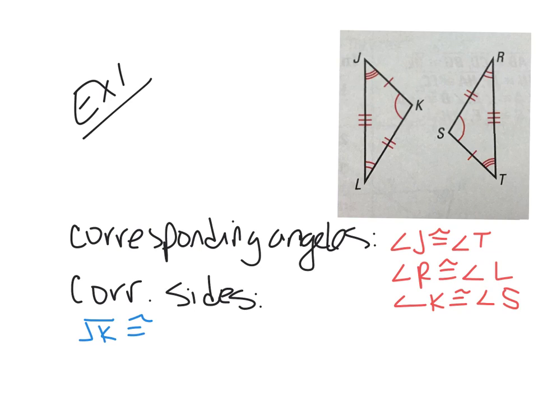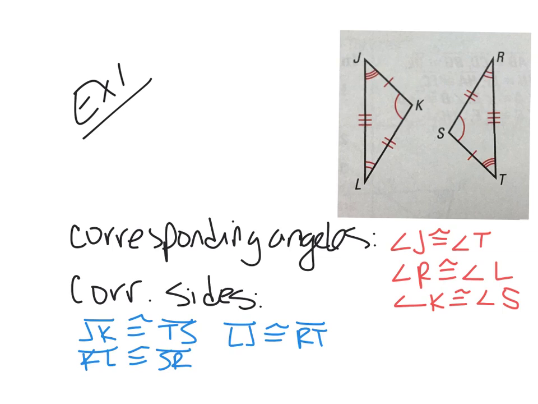ST. And then we can say that KL is congruent to SR. And the last one is LJ is congruent to RT.